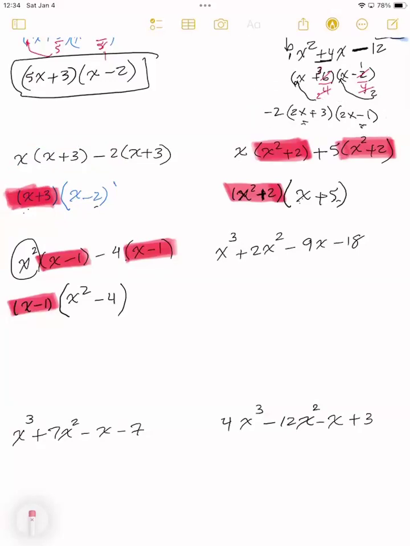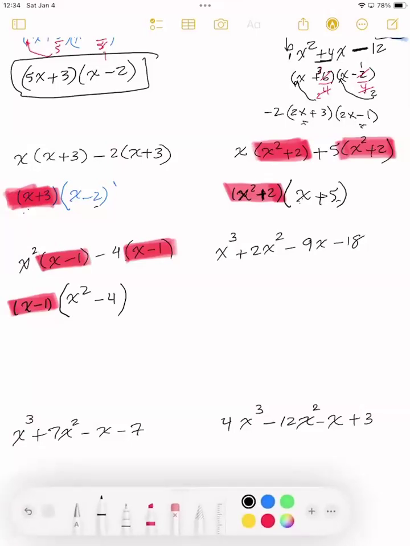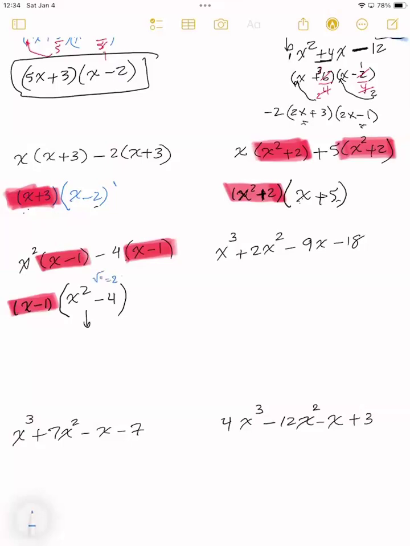Okay, so for this problem, when I factor, I realize that one of the parentheses can be factored further. So I should factor x squared minus 4, which is the difference of 2 squares. The square root of 4 is 2, and the square root of x squared is x.